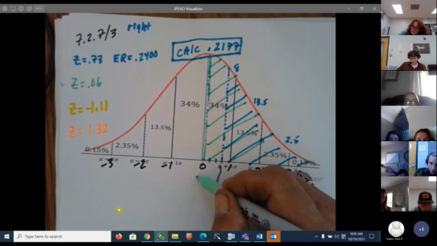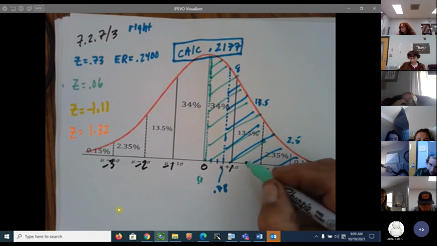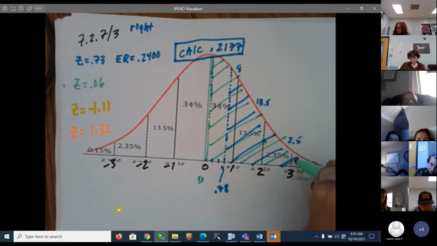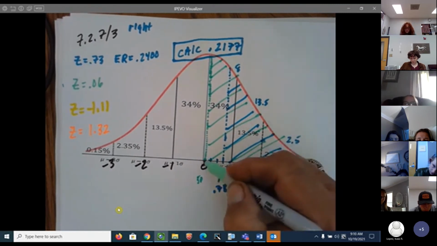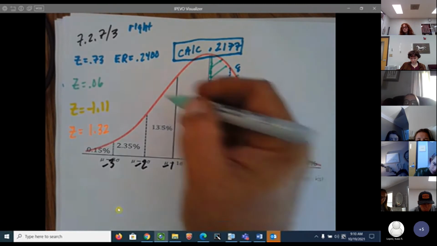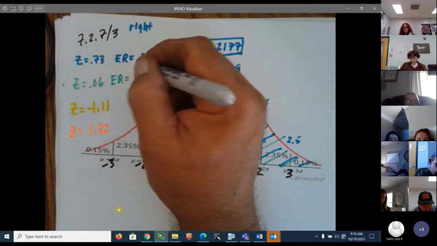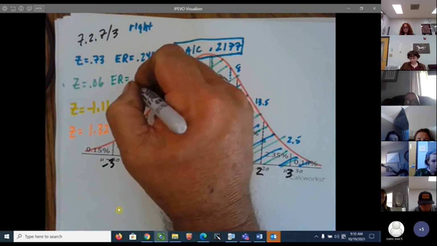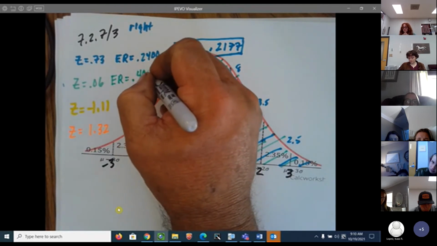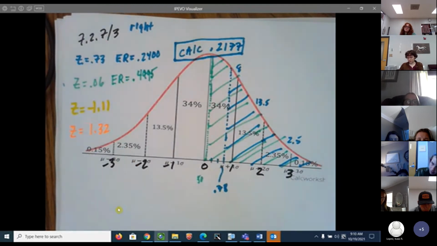If this is 50% and you're going to the right and this is less, that's going to be around what? 0.49? Probably less than that. Probably 0.4995 or something like that.